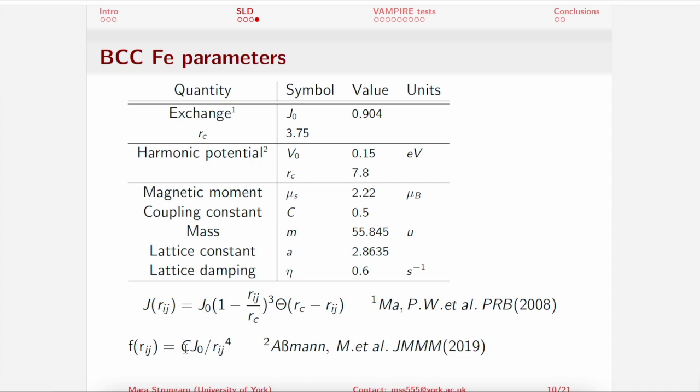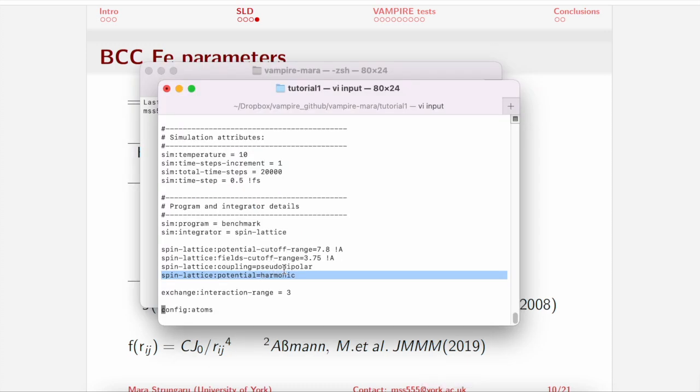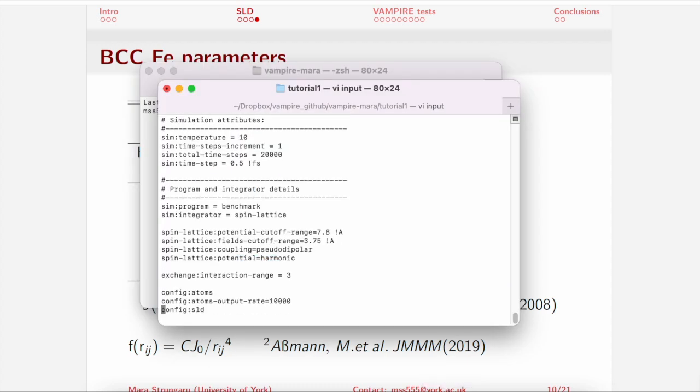And in the code, we set up this coupling constant. And we set that to 0.5, which is a relatively strong coupling. But for the sake of having fast simulation, fast equilibration, we set that to a relatively high value. So that's the pseudo-dipolar coupling.